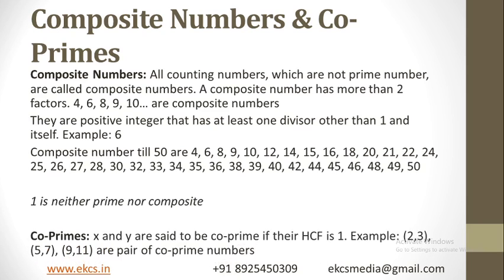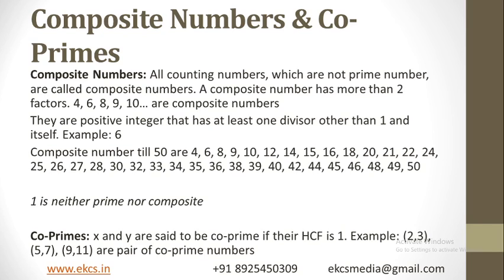And then we have got a concept called co-primes. So it will be two numbers and we have to find whether they are co-primes. Two numbers are said to be co-prime if their HCF is 1. So we have three pairs of co-primes given here: 2, 3; 5, 7; and 9, 11.